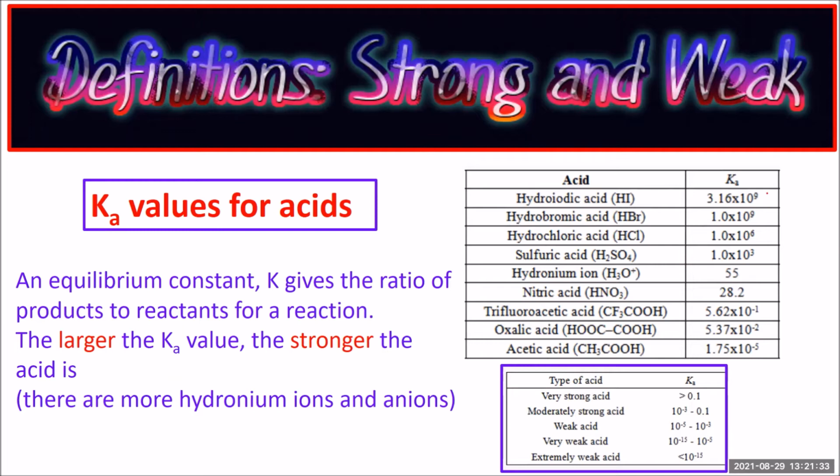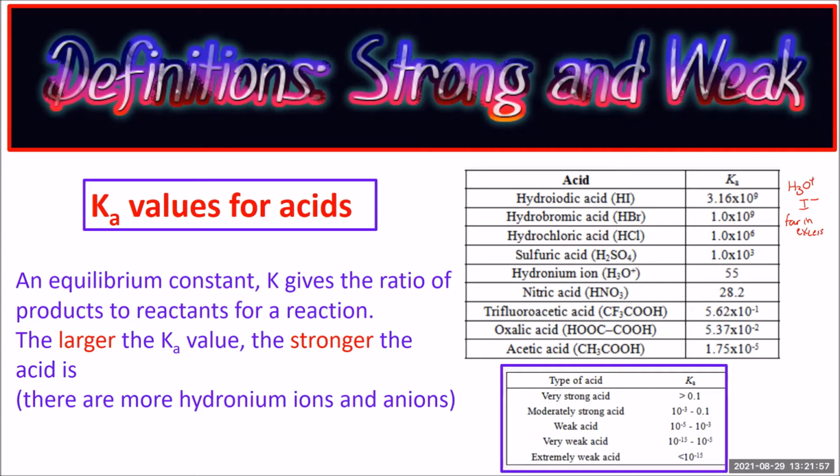That means that there are so many more products than reactants, so many more hydronium ions and iodide ions than there are hydrogen iodide and water left. So these are far in excess.